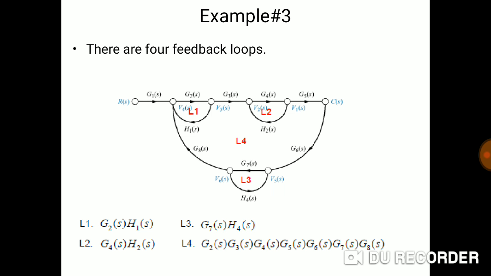Then there are four feedback loops as shown in the diagram, L1, L2, L3 and L4. L1 is G2(S) H1(S). L2 is G4(S) H2(S). L3 is G7(S) H4(S). L4 is G2(S) G3(S) G4(S) G5(S) G6(S) G7(S) G8(S).